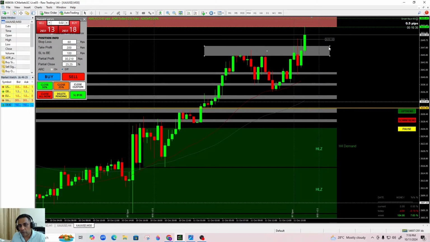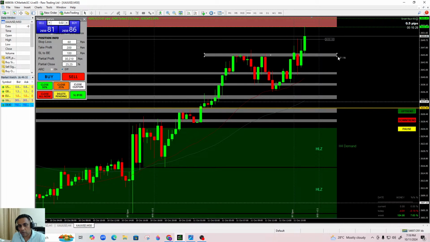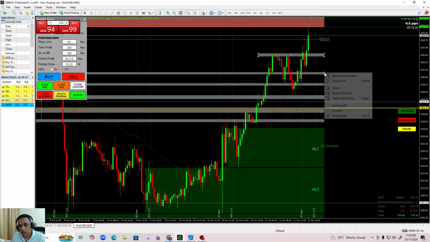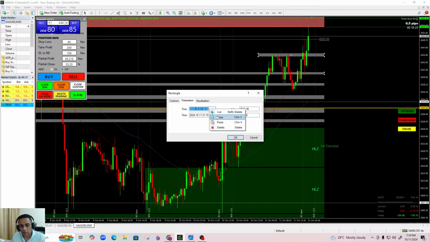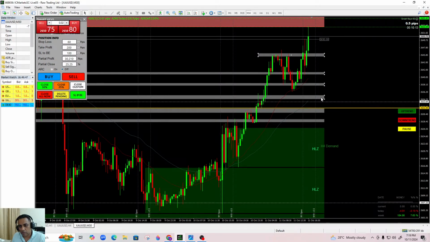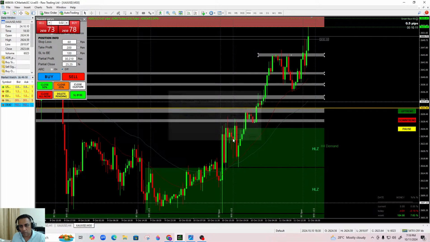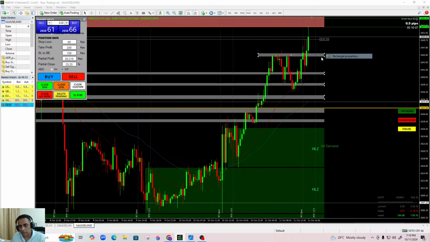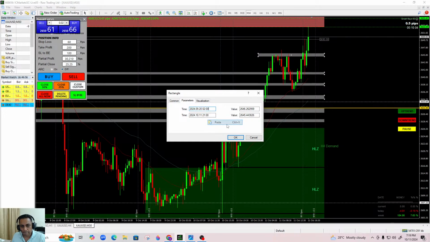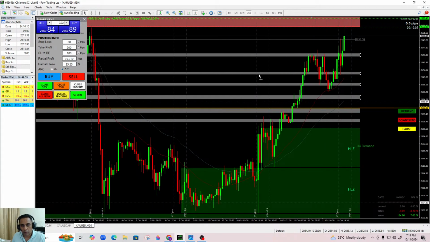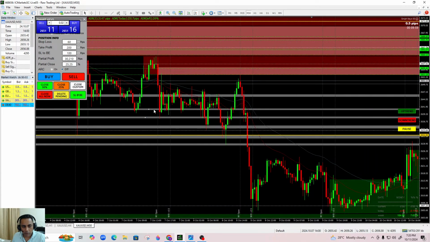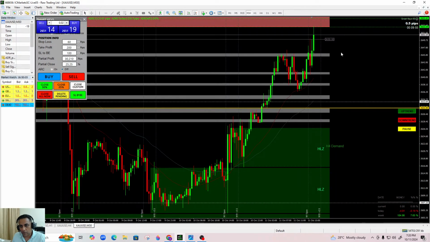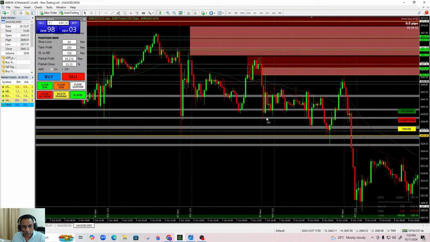Draw another support resistance level here, right here. Just want to see.